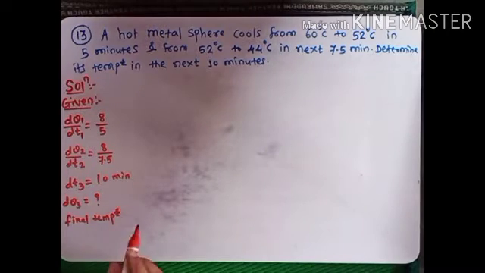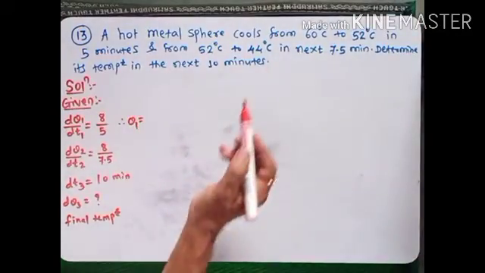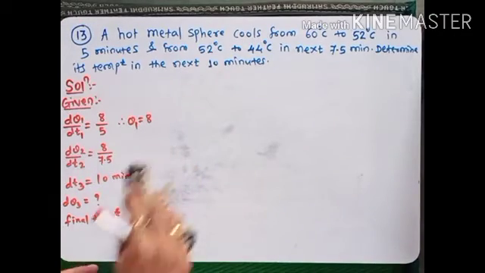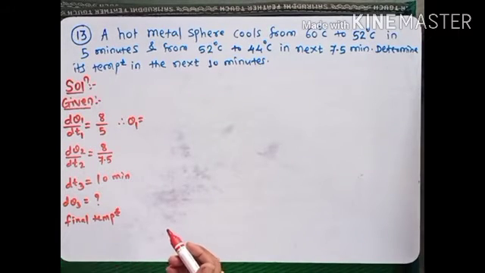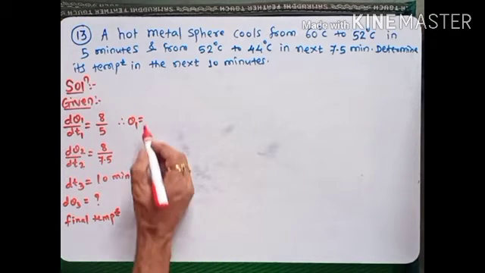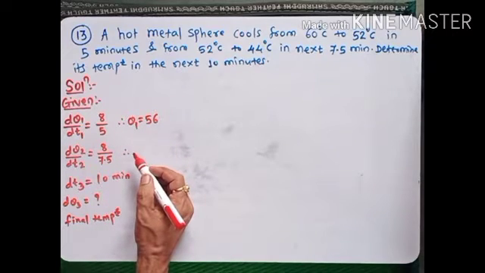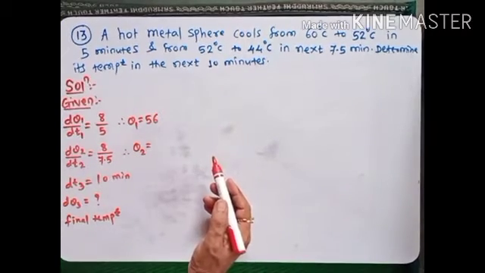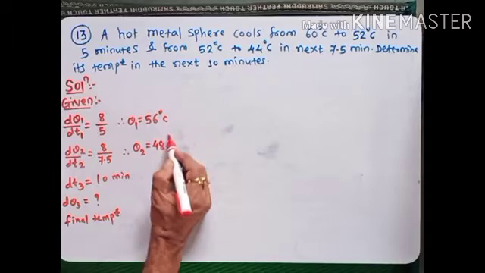Now here theta 1 means the mean of 60 and 52, so 60 plus 52 divided by 2, which is 56, the mean of the two. Also theta 2 is equal to 52 plus 44, which means 96, divided by 2. I will write here 48 degrees centigrade.